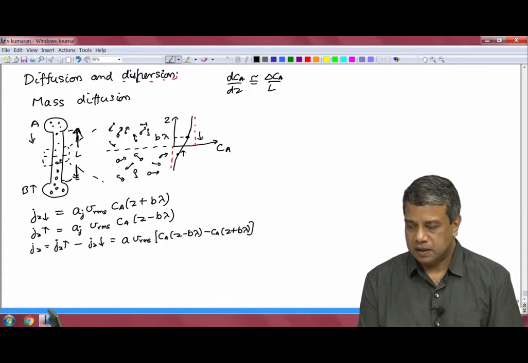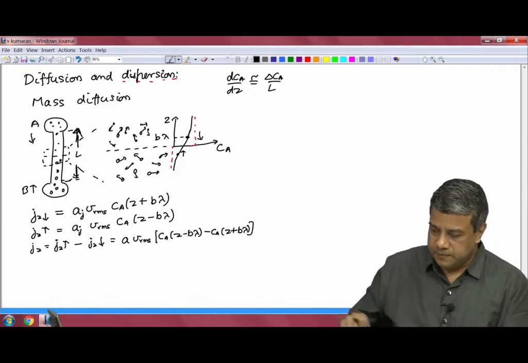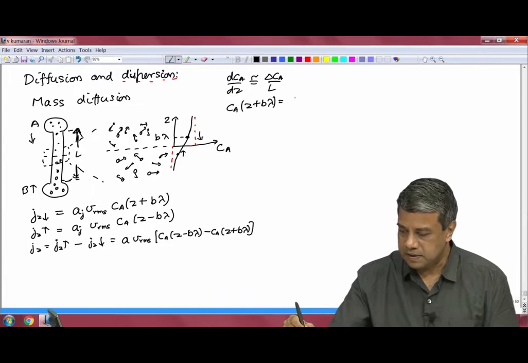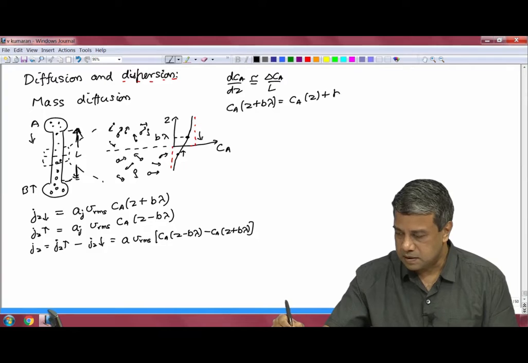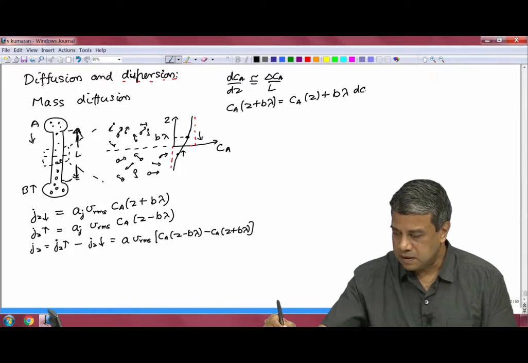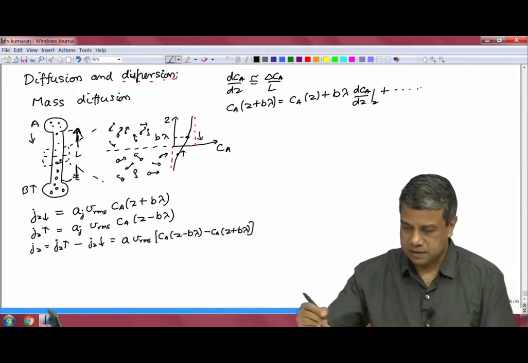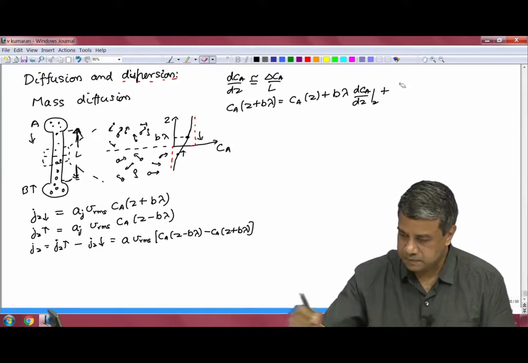And therefore, C_A at z plus b lambda, if I expand in a Taylor series, is C_A at z plus b lambda times dC_A by dz at z, plus higher order terms. Let me just add one term here.